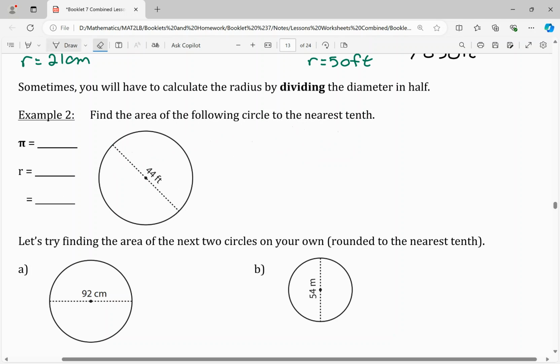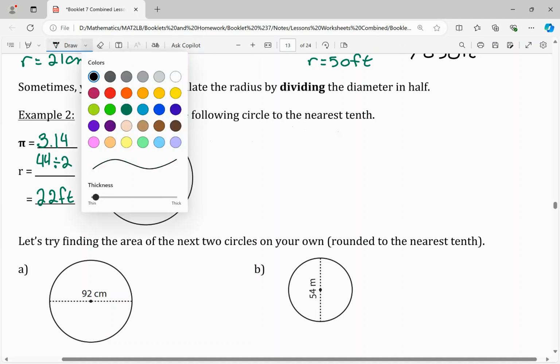Now, first things first, pi, as usual, 3.14. Our radius is not 44 feet, but 44 divided by 2. That gives us a radius of 22 feet. And 22 is the number that we're going to use for our equation.